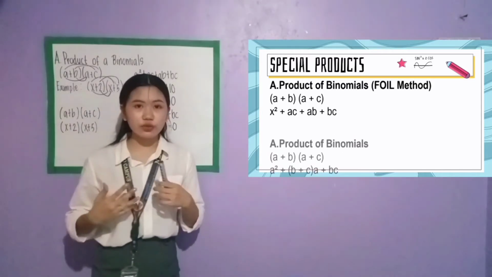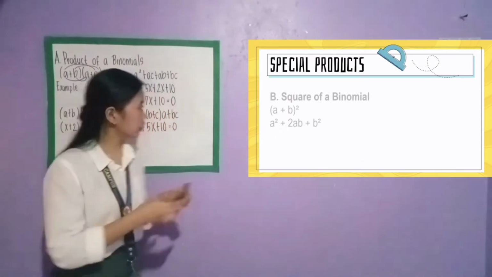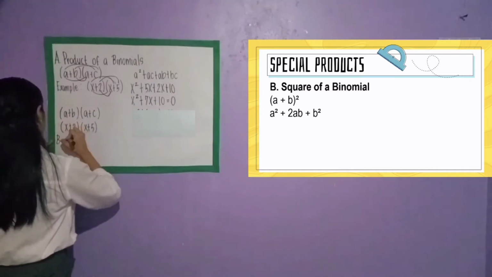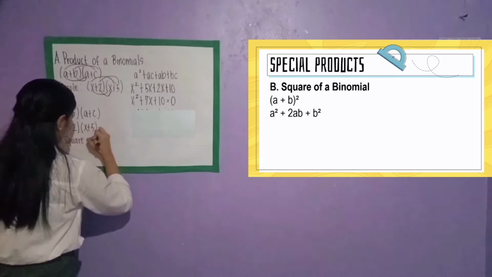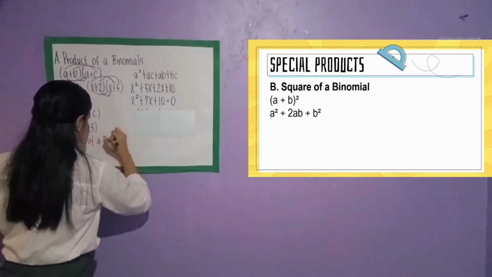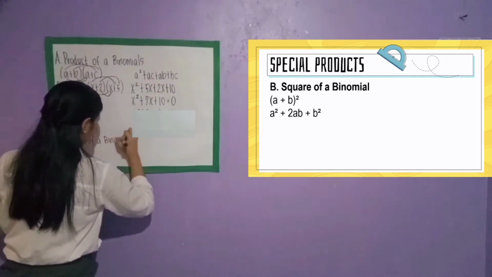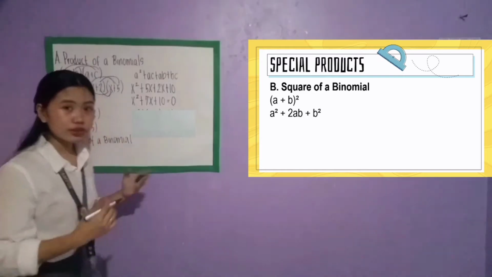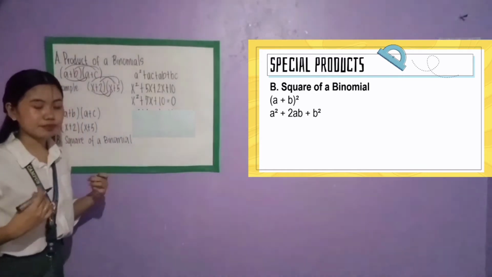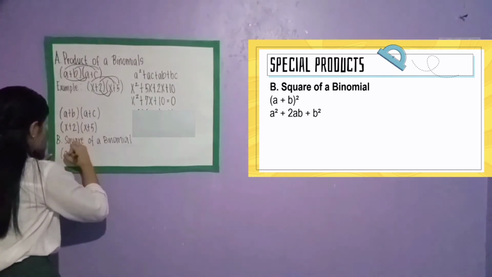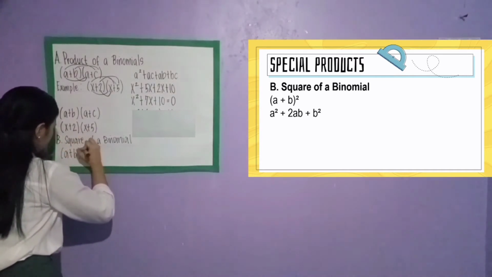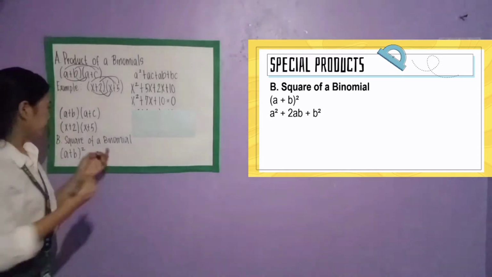To get that, we use this pattern. The quantity of a plus b squared. So, square the first term.